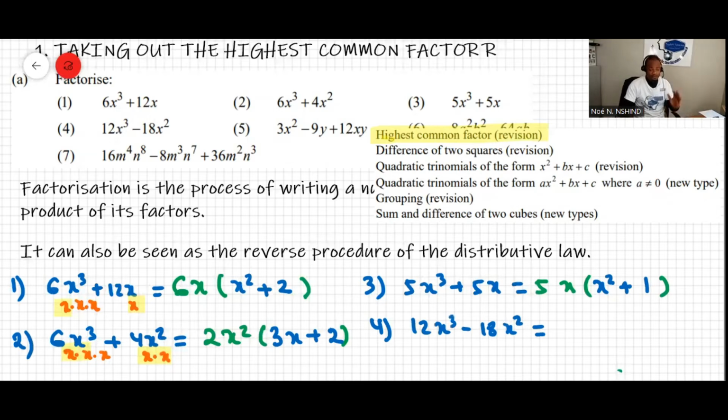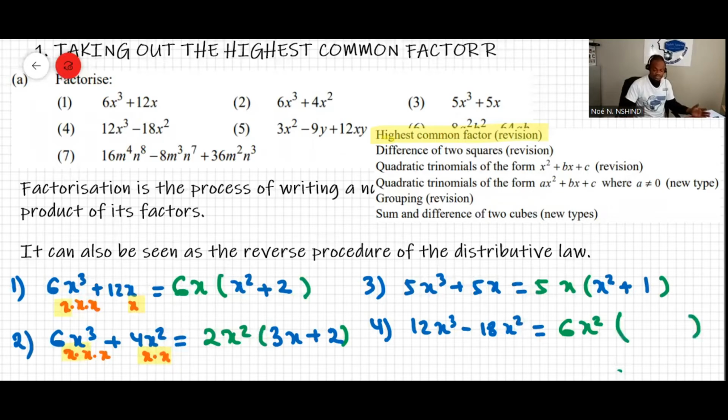If you do the factor method, as we did in the previous grade, it's going to be 6 for the coefficients, and for the variables it's x squared. I cannot take x cubed because there are 3 x's here but only 2 x's over here, so I must take x squared as the highest common factor, and then open a bracket and close it. What should be in the brackets?